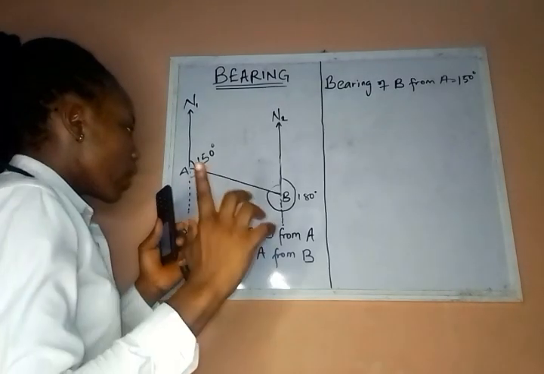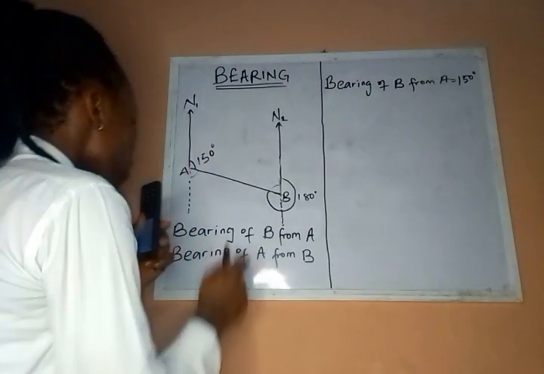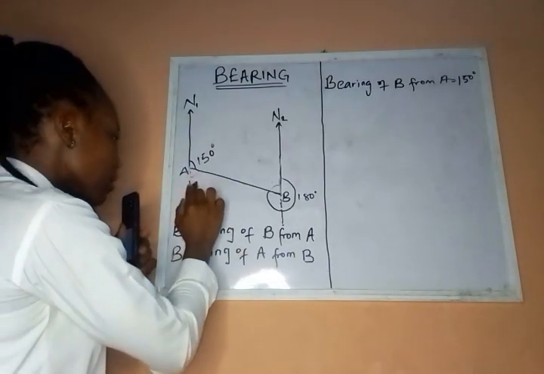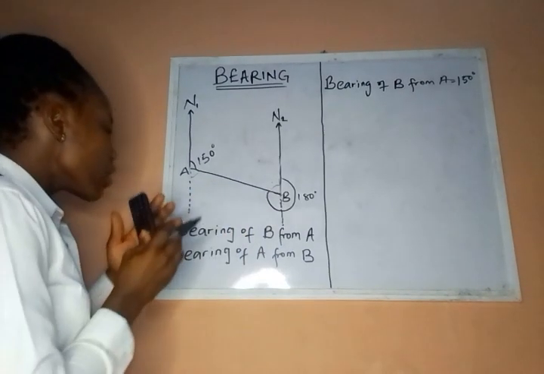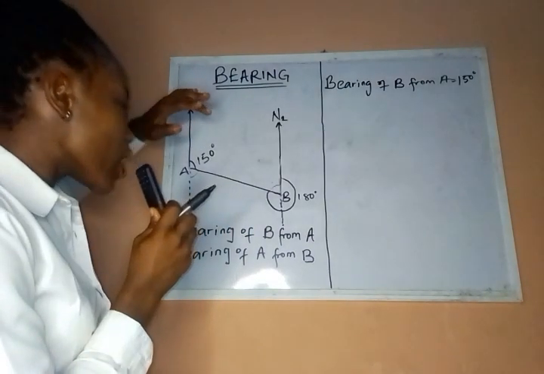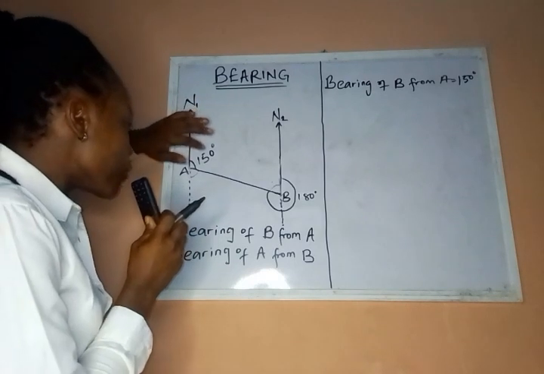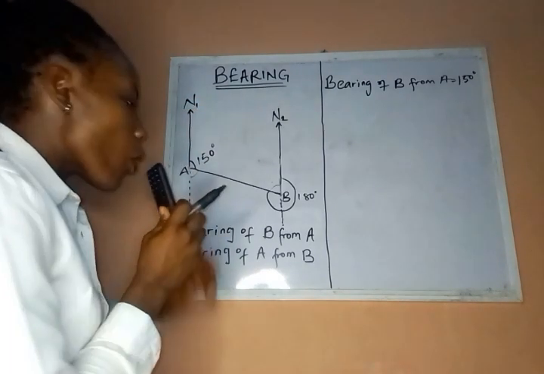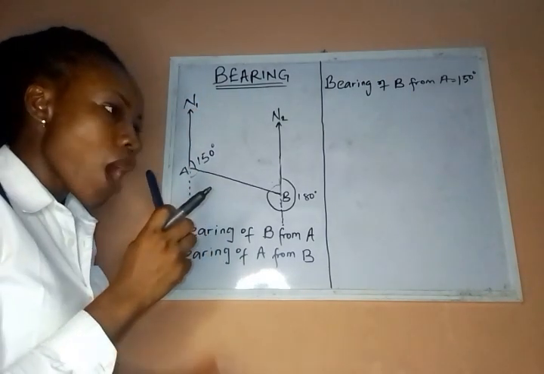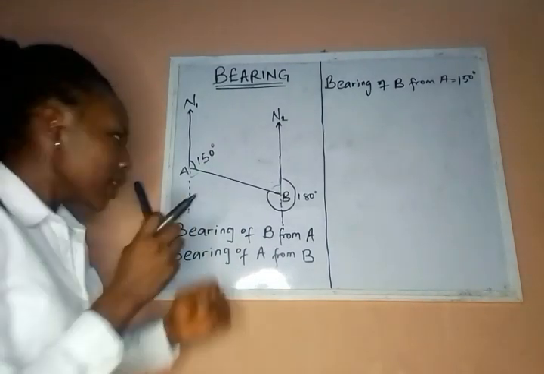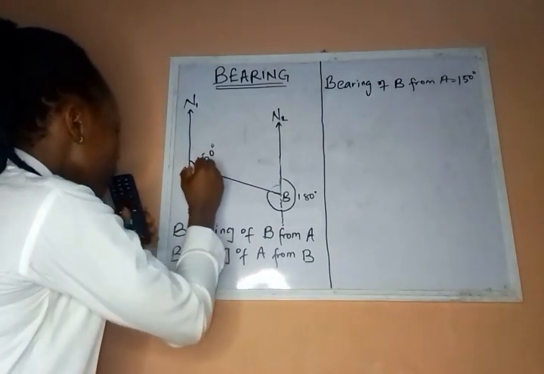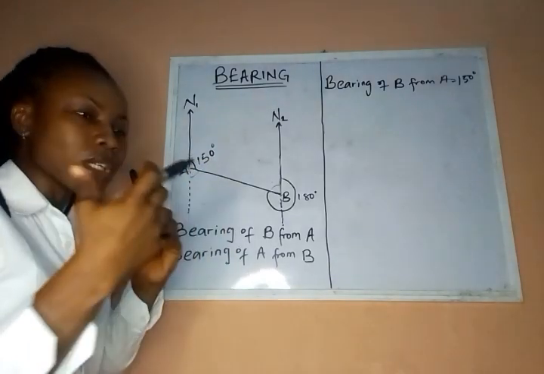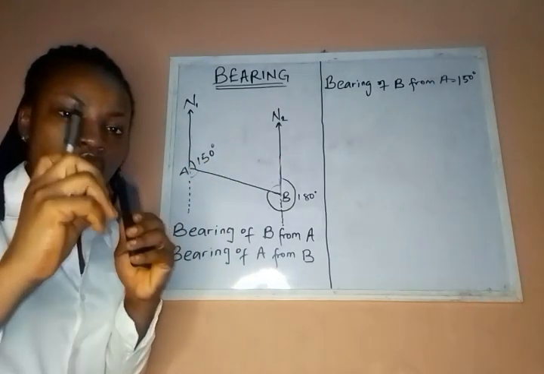Now let's watch. For us to find this place, what we are going to do is to subtract 150 from 180. How and why? Because the total angle here from here to here is equal to 180, sum of angles on a straight line.